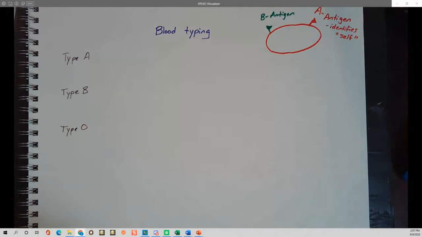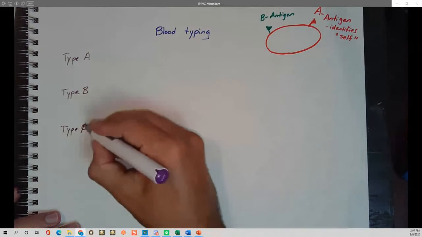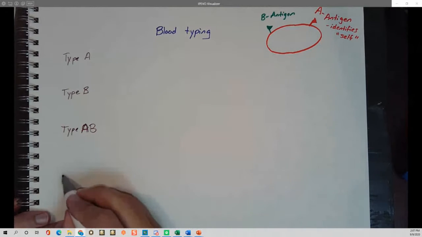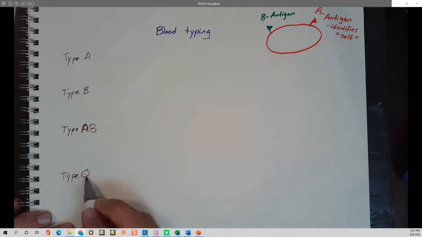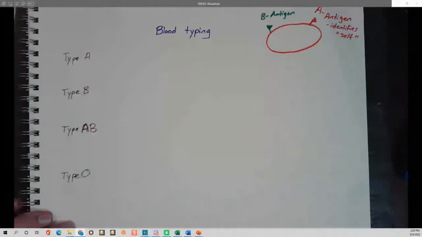But what if you had both the type A and the type B antigens? Now what we're going to have is something called type AB blood. I didn't mention that in my original list, I apologize about that. And then what if we had no antigens? That's what type O means. Type O means I do not have any antigens at all.